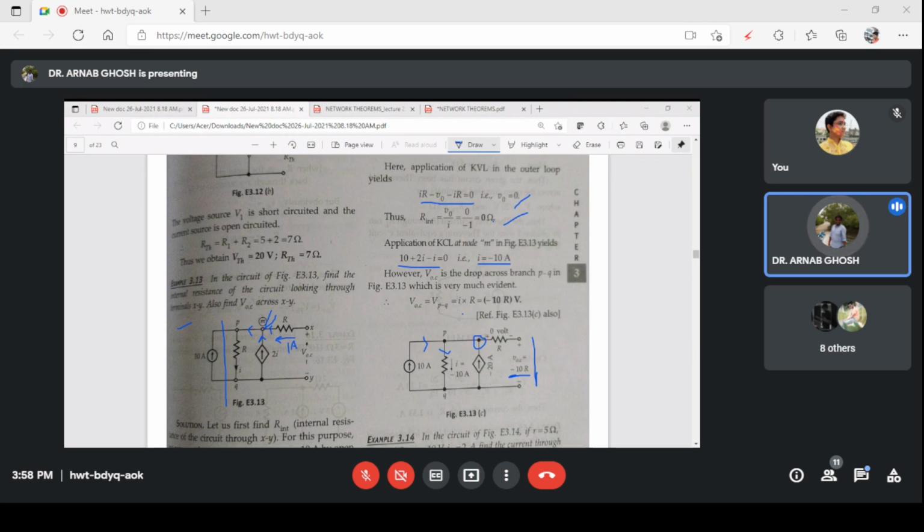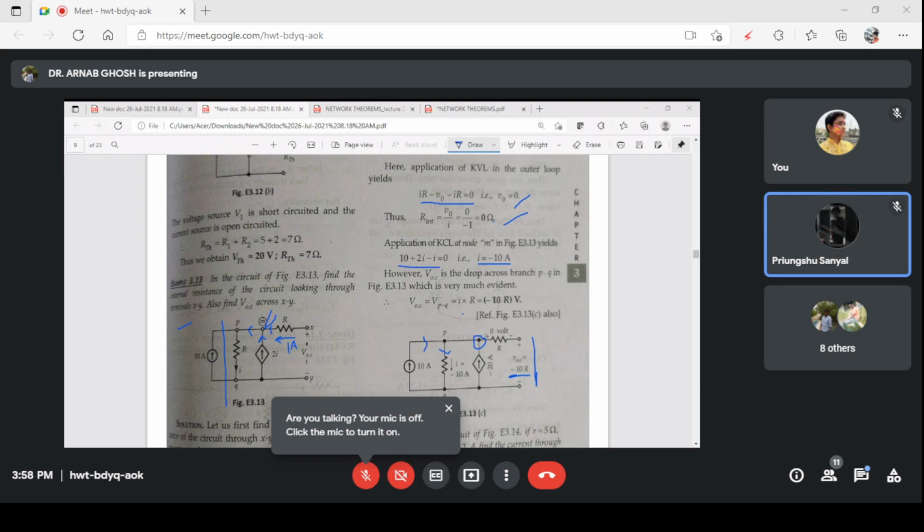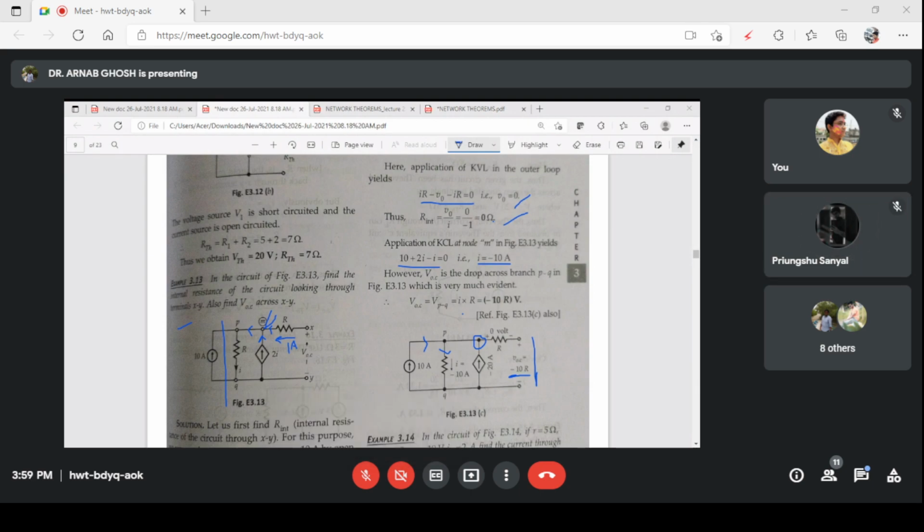Just tell me if you are having any problem, anybody. Priyanshu, is this clear or should I repeat this one? No, sir, it's clear. Okay, so anybody? Kritika, any problem? Clear? Yes, sir. It is clear.